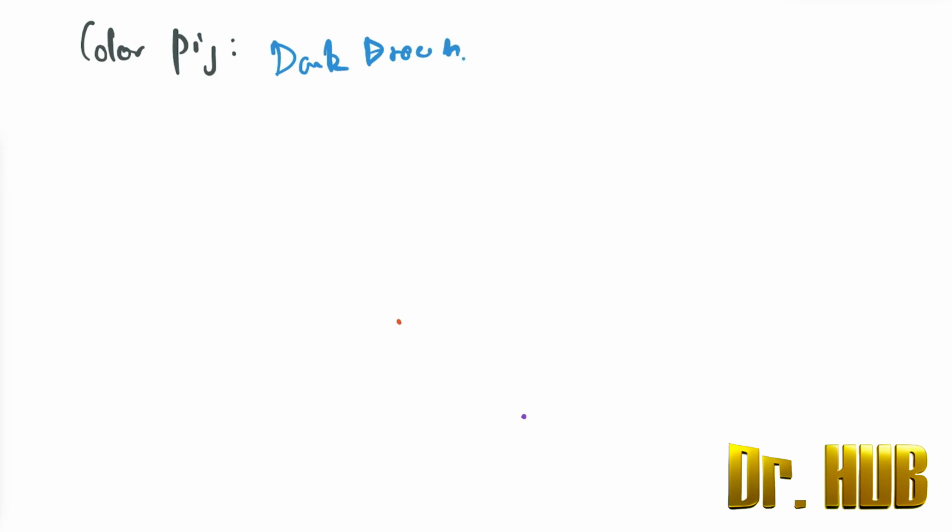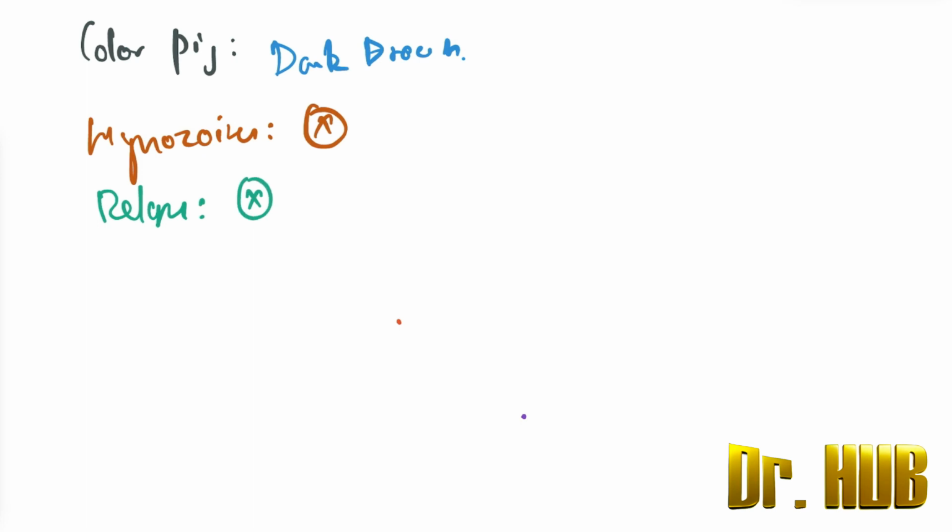And let's say the hypnozoites. The hypnozoites are going to be absent. Then what about the relapse? There is no relapse. Then comes the question on the incubation period. The average incubation period is going to be 30, that is, it is going to be the longest.